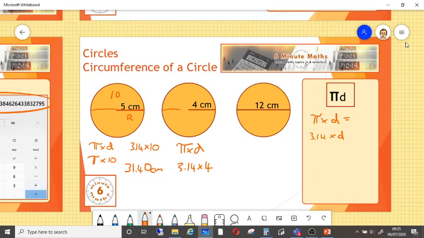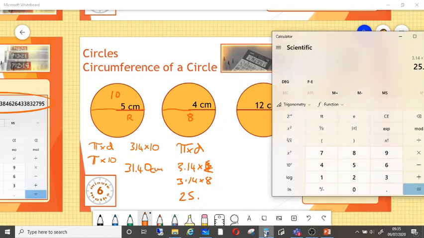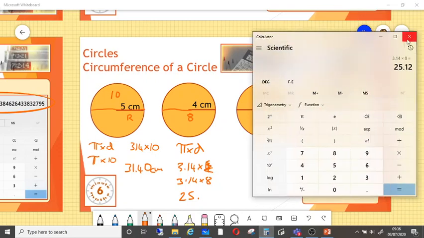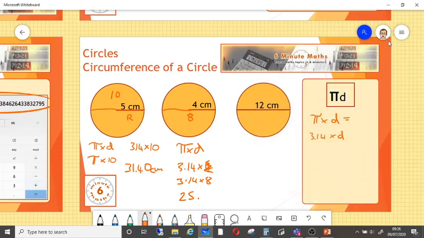Yep, the diameter's 8, it's not 4. 4's the radius. So let's just cross that out and rewrite that. 3.14 times by 8, which was 25.12, I think. Let me just check. Yep, 25.12.